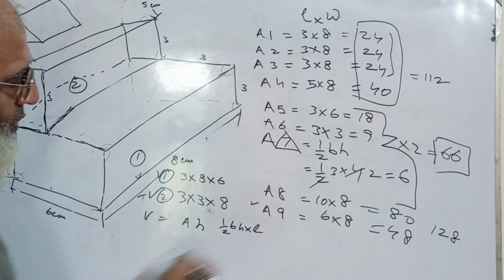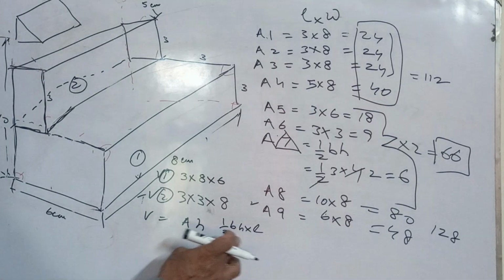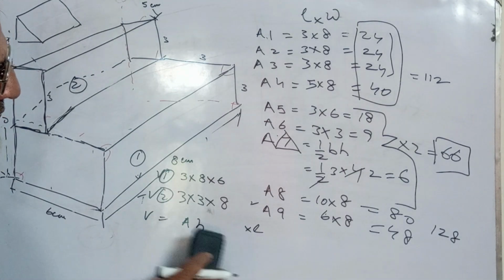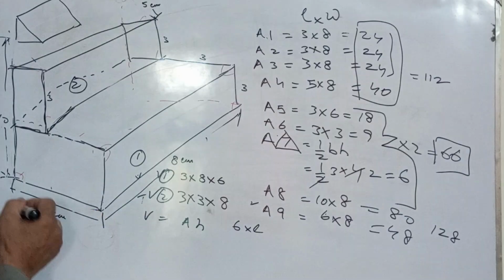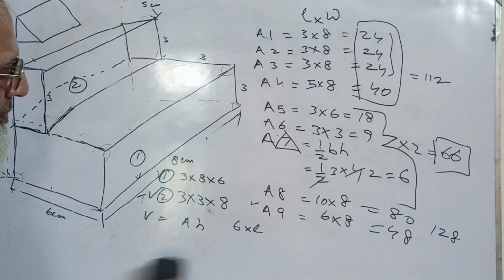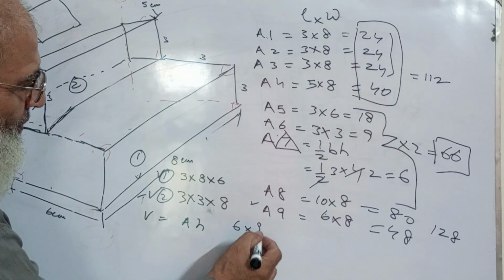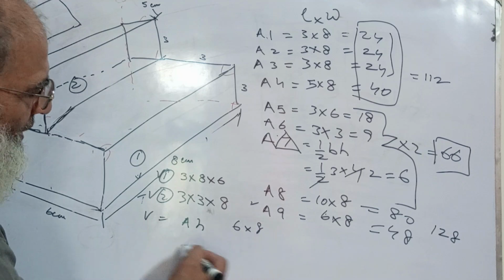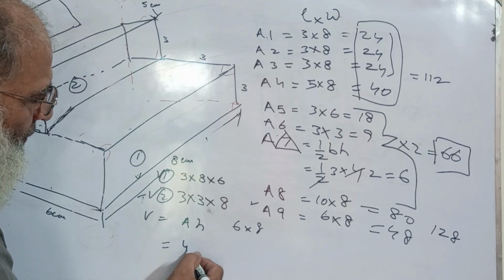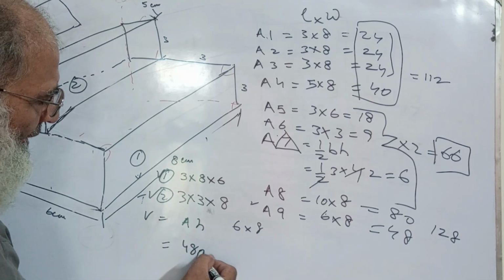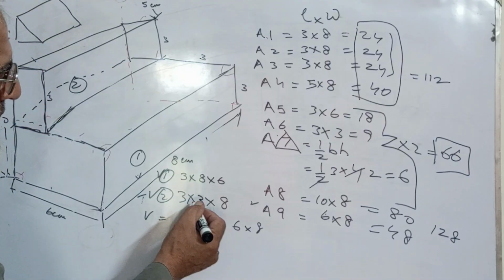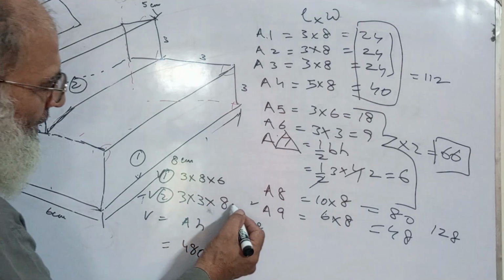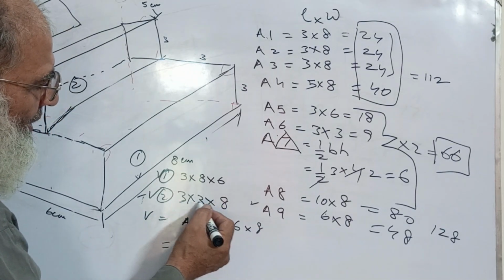This length. Okay. This we have already calculated here: 6, and this is 8 again. So it is 48. The last one is 48 centimeter cube.